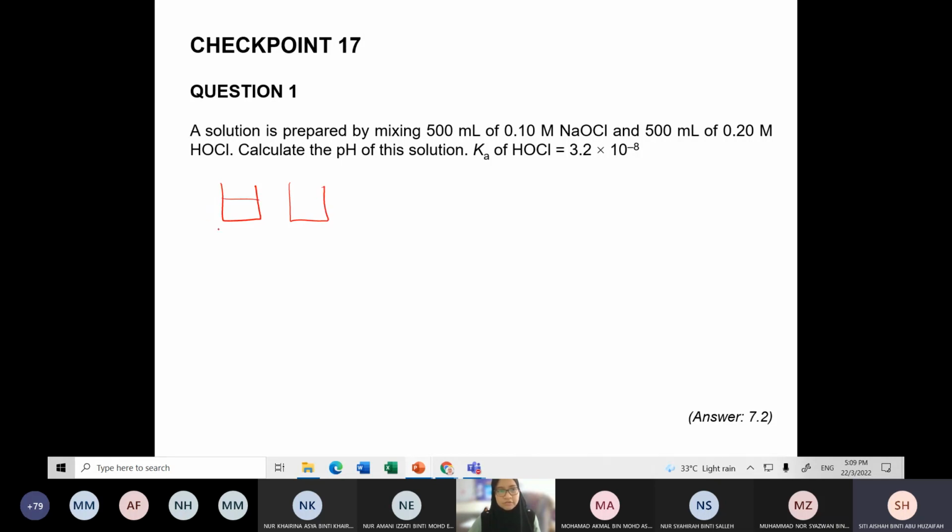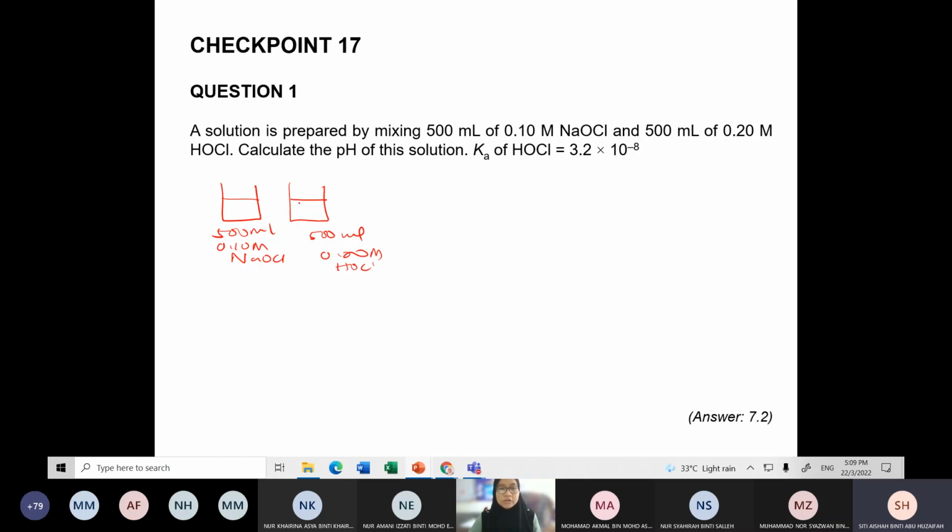Okay, so this is 500 ml of 0.10 molar NaOCl, the conjugate base ataupun the salt lah, the source of the conjugate base. And then this one kita ada 500 ml of 0.2 molar of HOCl.